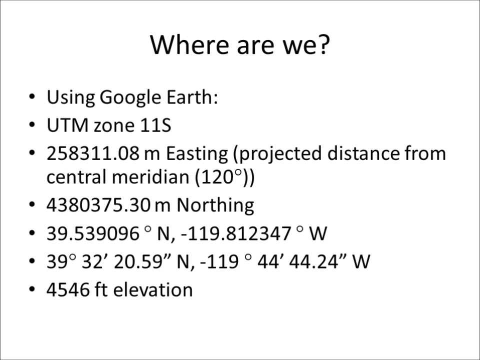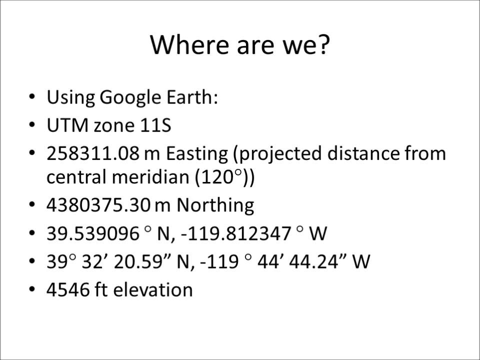Our easting, which is the projected distance from the central meridian of 120 degrees, is 258,311.08 meters. Our northing, which is the distance above the equator, is 4,380,375.3 meters north of the equator.